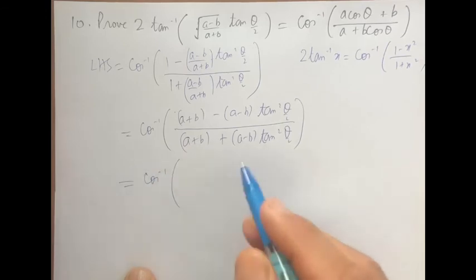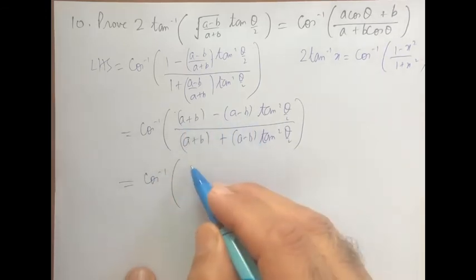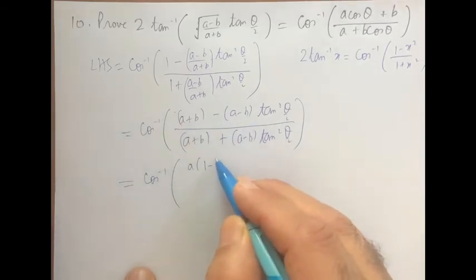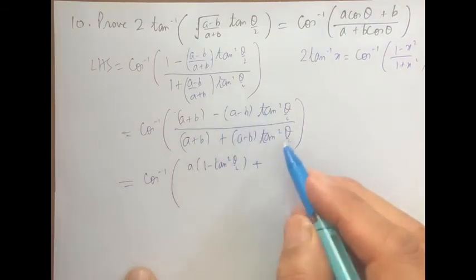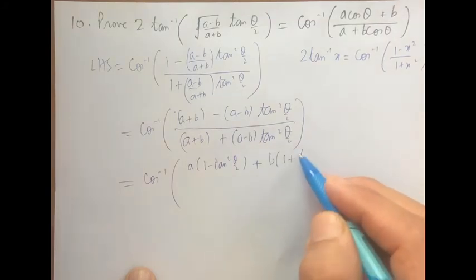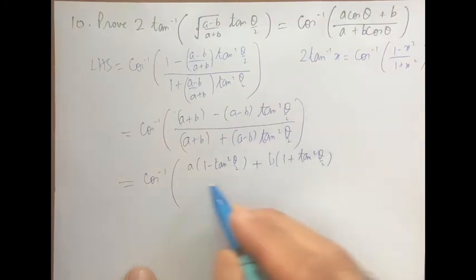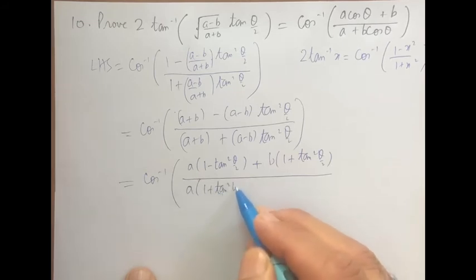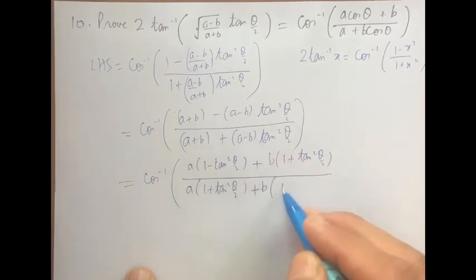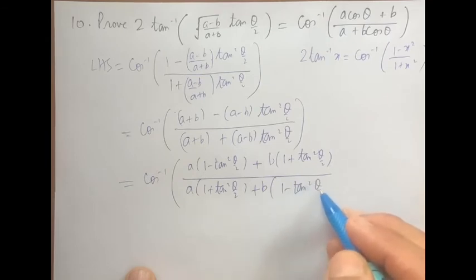Further, this equals cos inverse of, let's take a common, it's 1 minus tan square theta by 2, and from these two terms take b common, it's 1 plus tan square of theta by 2. In the denominator take a common, 1 plus tan square theta by 2, plus b into 1 minus tan square theta by 2.